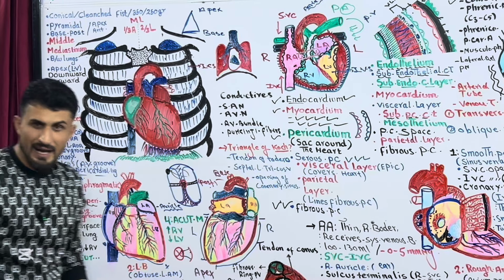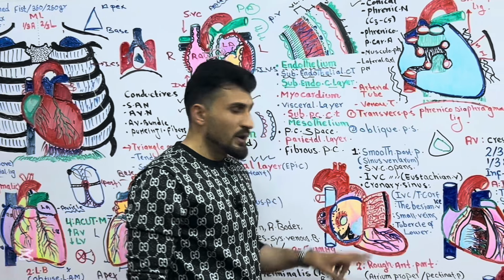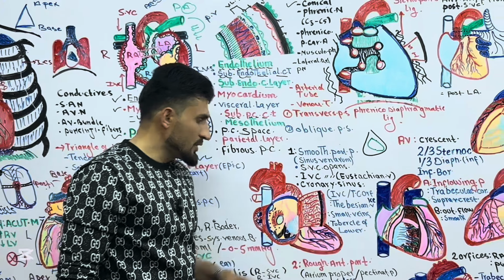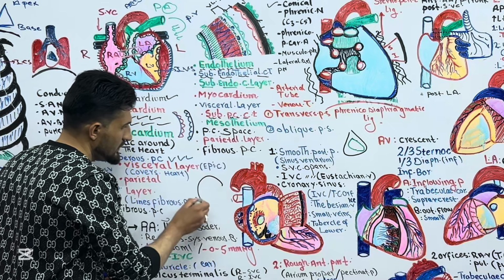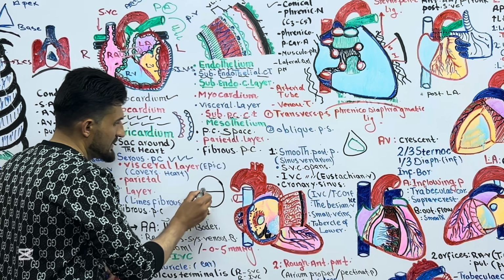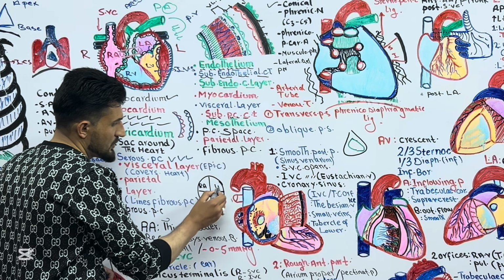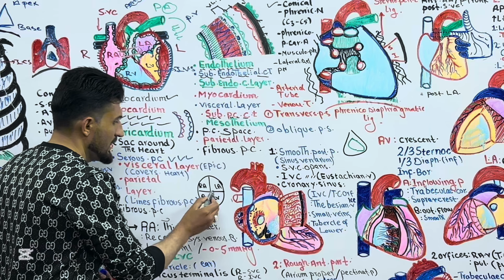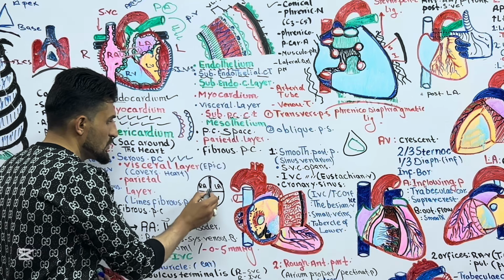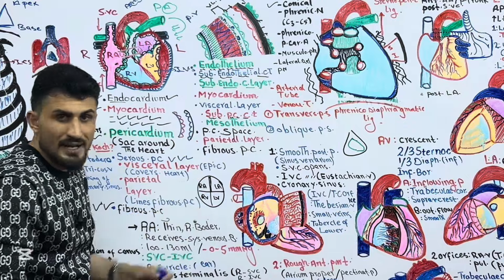Behind this we have the left atrium. So this is the interatrial septum. For example, this is the right atrium, this is the left atrium, this is the right ventricle, this is the left ventricle. This septum between two atria is called the interatrial septum.